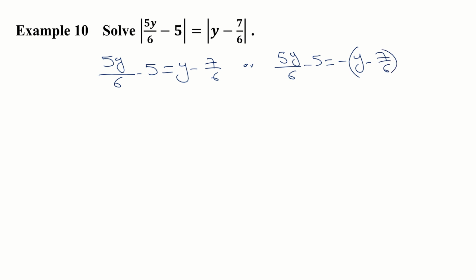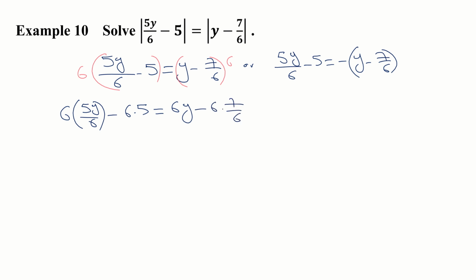So here we're going to multiply both sides by 6 to clear the fractions. So we end up with 6 times 5y over 6 minus 6 times 5 equals 6y minus 6 times 7/6, right? We're just distributing on both sides.